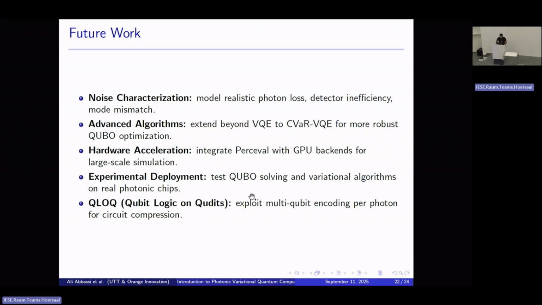And the idea is that we can have a better compressed circuit, so maybe fewer beam splitters, fewer phase shifters, and maybe even fewer modes when we encode our problem using the QDIT logic. So this is also another perspective of work. Thank you very much for your attention.